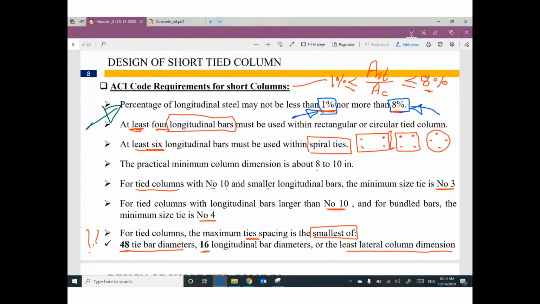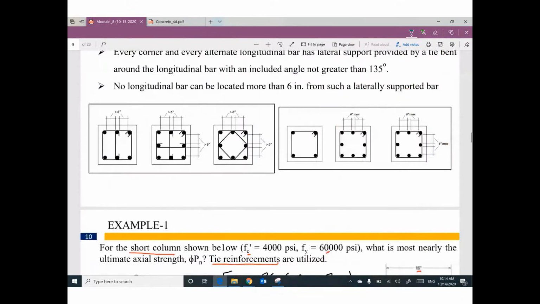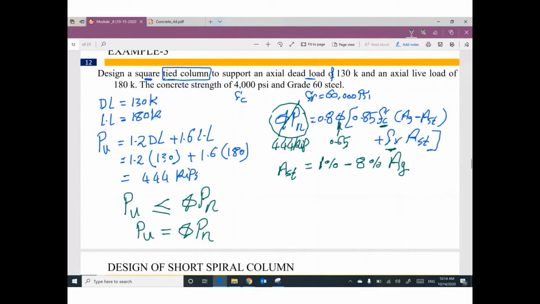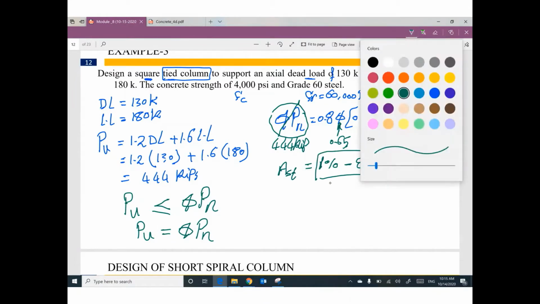If you have less steel reinforcement, we will have more concrete. So we need to assume which percentage: 1%, 2%, 3%, 5%, 6, 7, 8. It's up to you. You are a designer, so take a decision. Please select a value from this range.